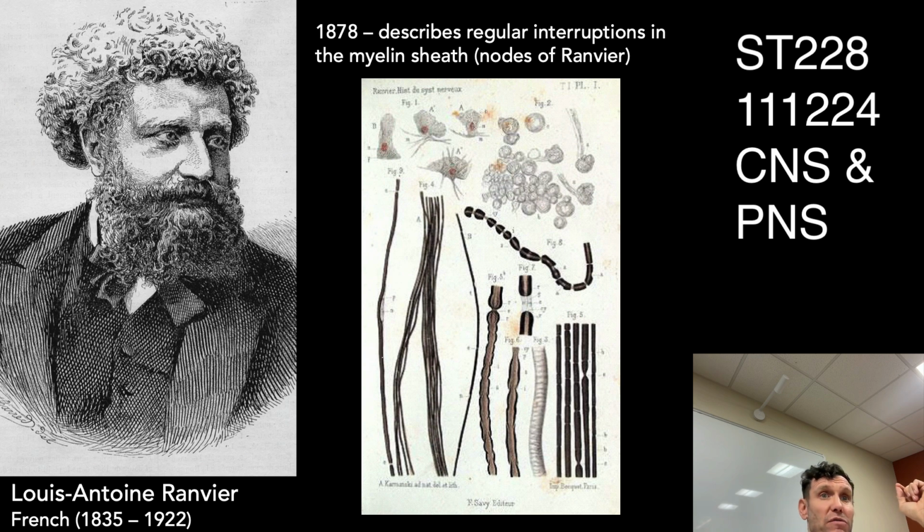And that's kind of what the nodes of Ranvier are doing. Yeah, because the nodes of Ranvier are where you have the voltage-gated channels that can open, and they don't open along where the myelin sheath is. So that was sort of the functional significance of all that.